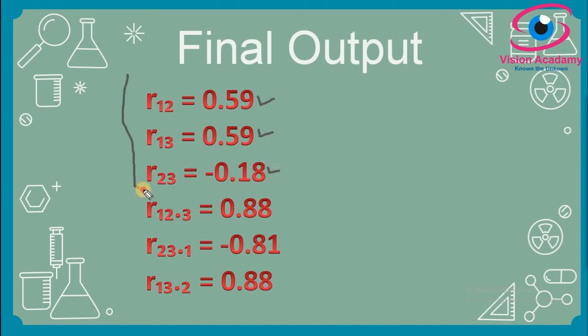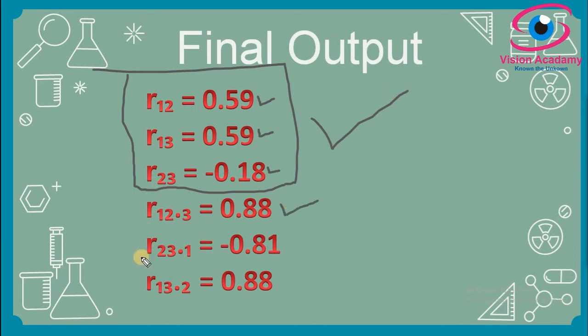These are zero order correlations which we found using the formula. Thereafter partial correlations: R12.3 is 0.88, R23.1 is minus 0.81 and R13.2 is 0.88. So in this way we have finished calculating partial correlation.